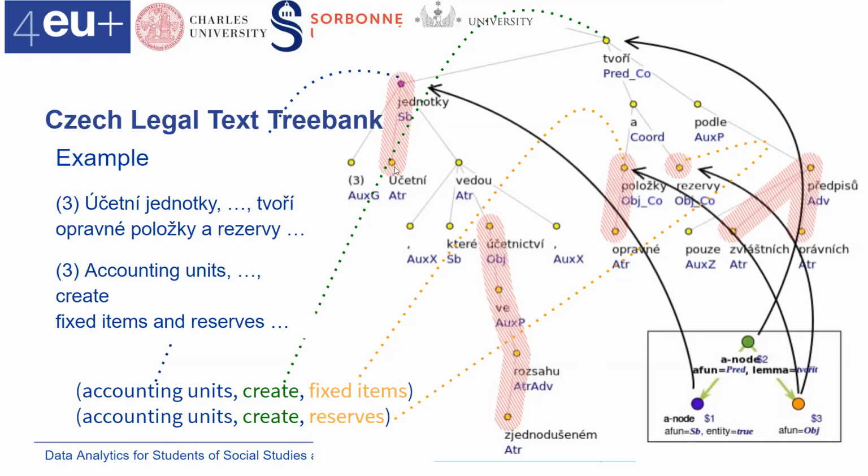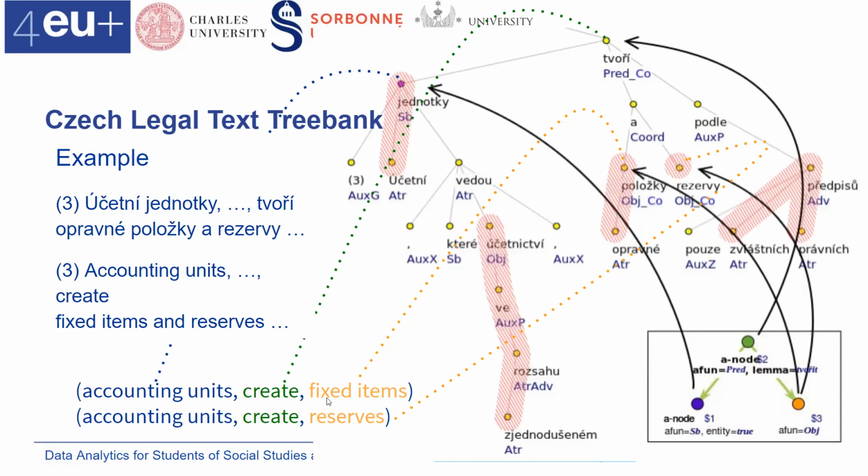So for information extraction from trees, each relation is defined as a triple. For example, for the obligation: which entity has to do what? For example, in this sentence, accounting units have to create fixed items.